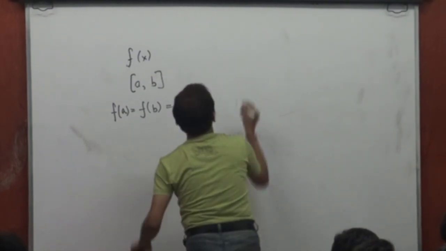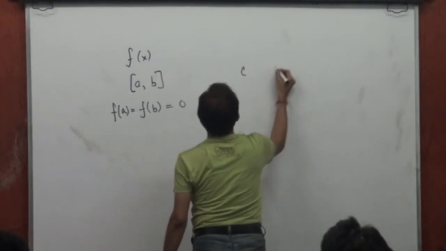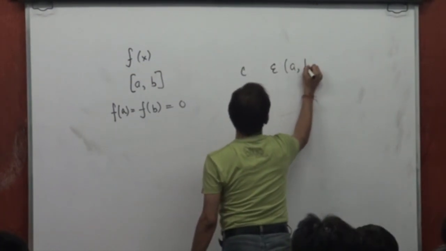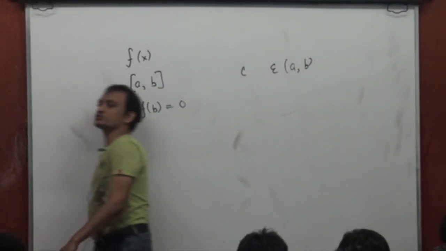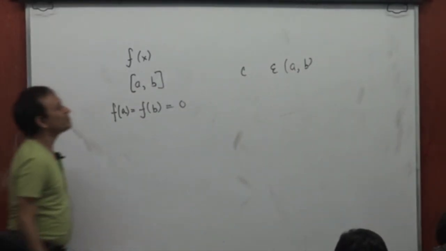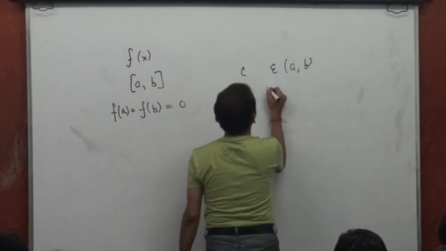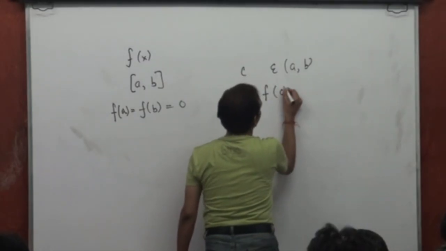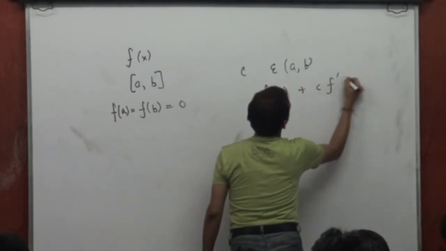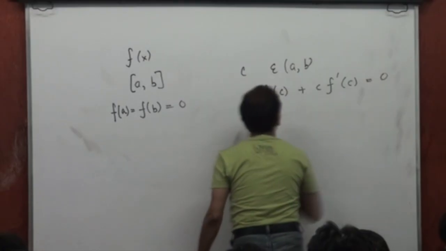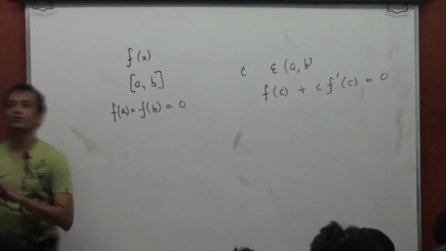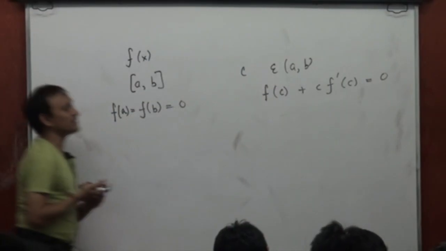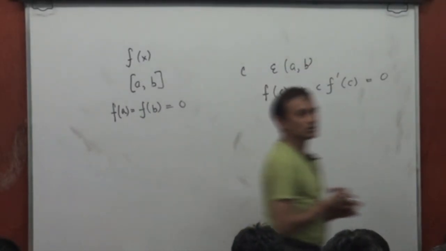Then I claim there must exist a c belonging to (a, b) for which f(c) + c f'(c) is 0.